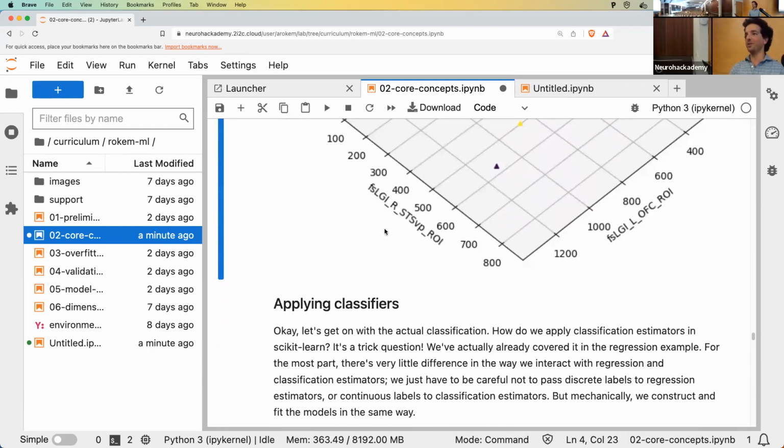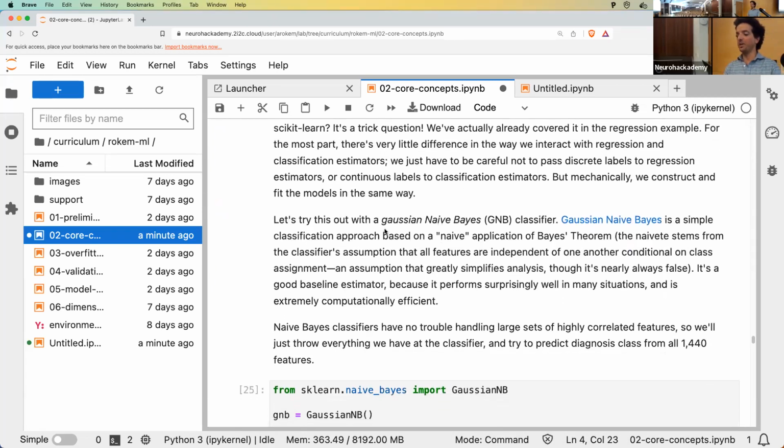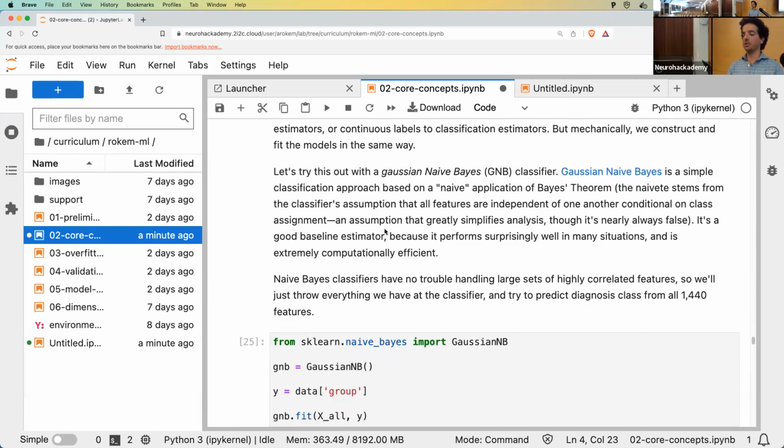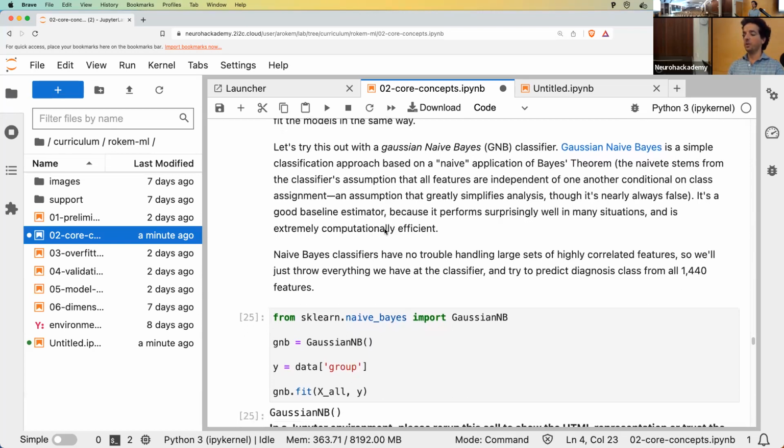This is not how you would select features in order to do classification, but we're going to do that anyway here, just for the demonstration, so that we get some results that we can look at and assess the classification procedure. We're going to use what's called the Gaussian naive Bayes classifier.